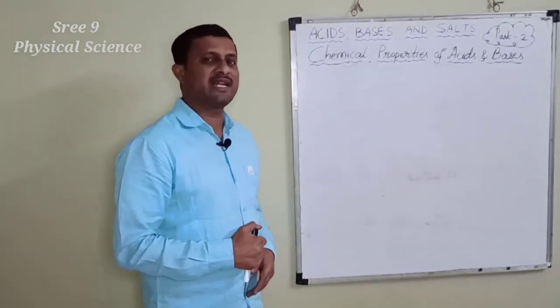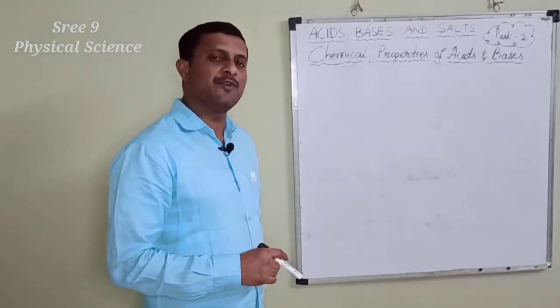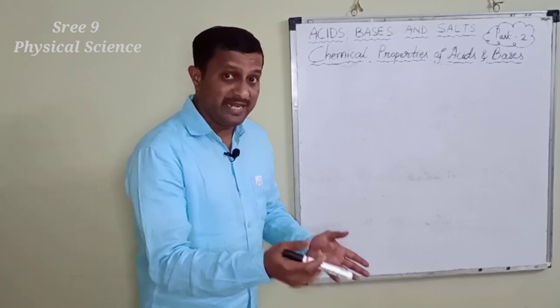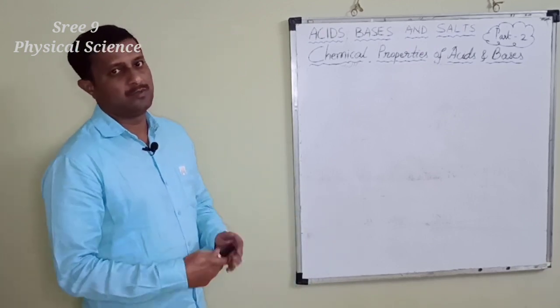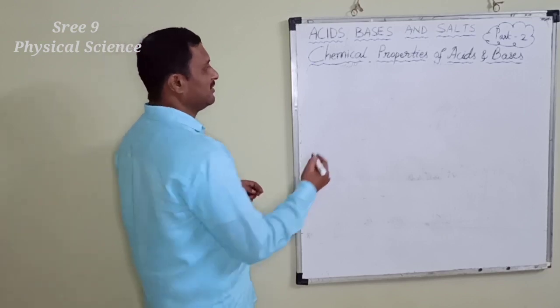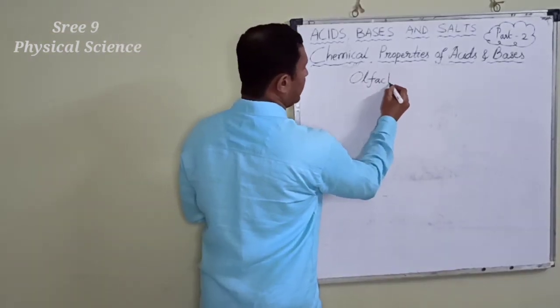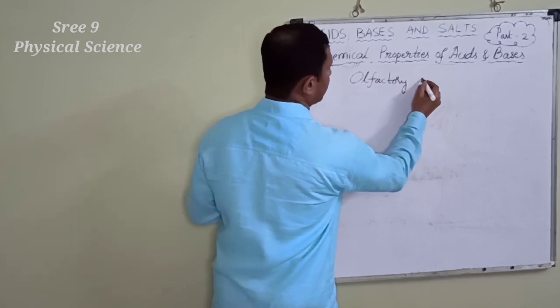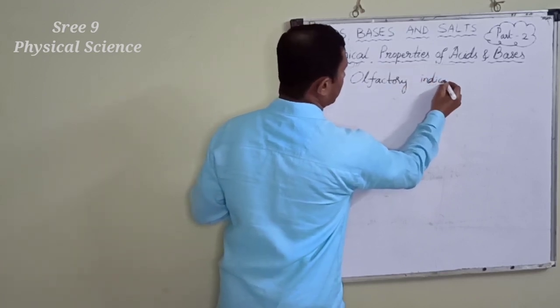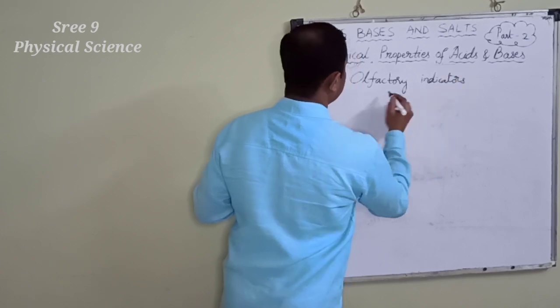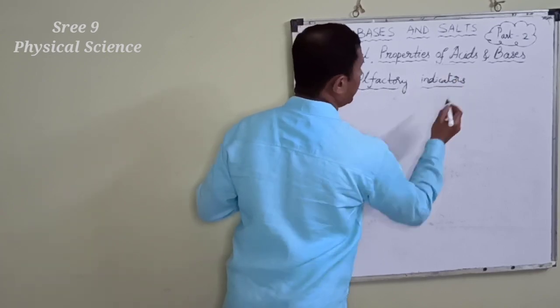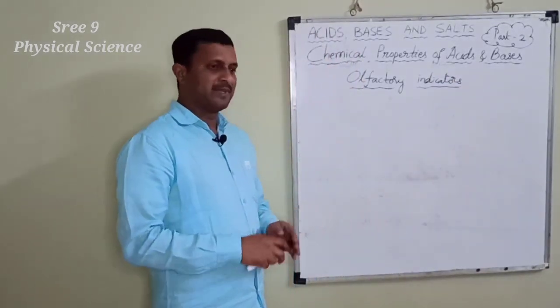Welcome to the next activity. Here we are going to talk about another type of indicators. They are called olfactory indicators. What are they?